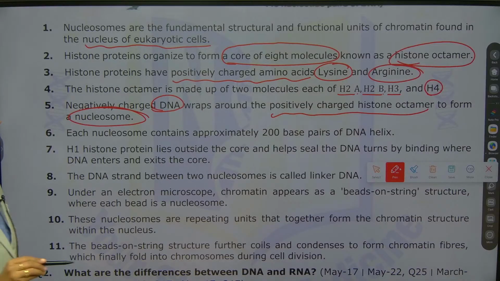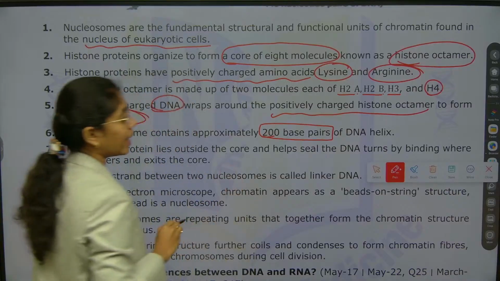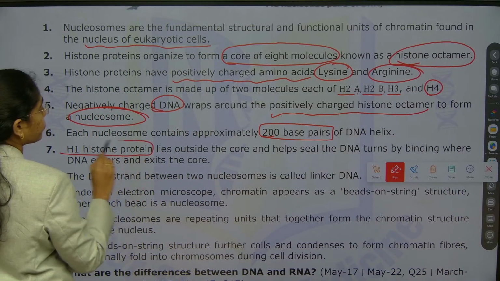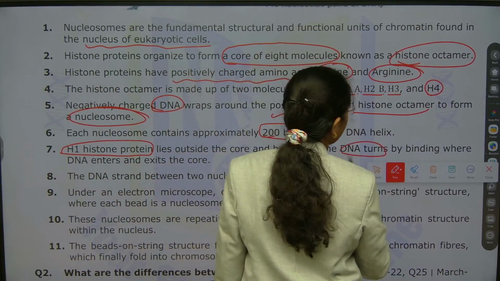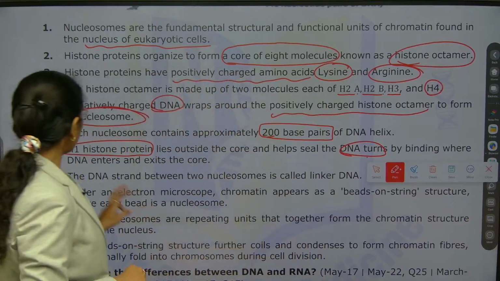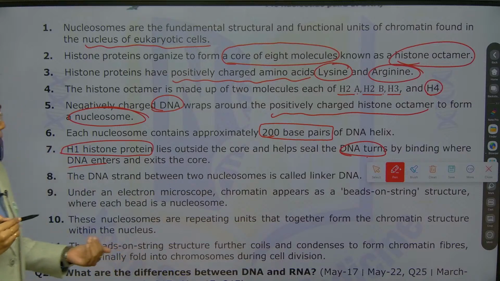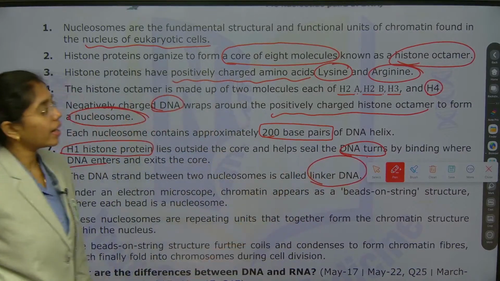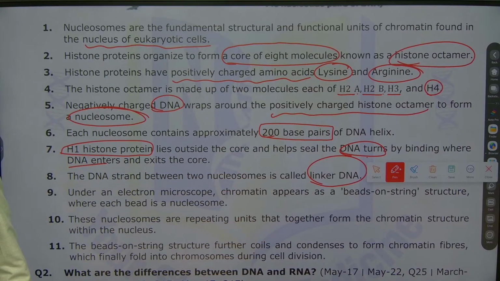Each nucleosome consists of around 200 base pairs length of DNA helix, and the H1 histone protein lies outside the core and helps to seal the DNA by binding where DNA enters and exits the core histone octamer. The DNA strand between two nucleosomes is known as linker DNA. You have to highlight these terms when presenting the answer, because the examiner will be looking for those terms.